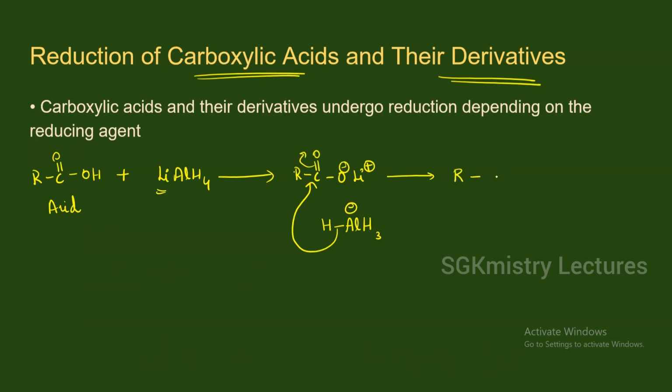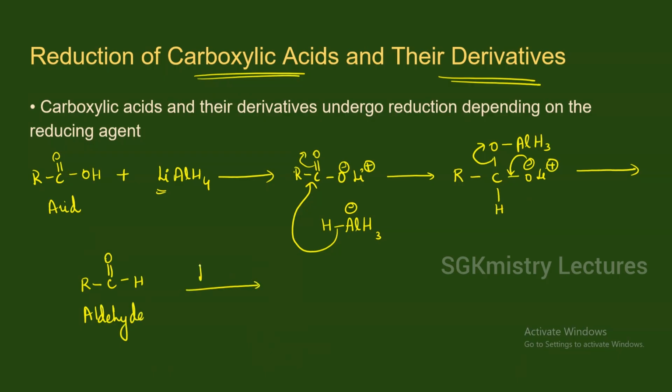So you have R, C, here O, AlH3 that is attached, and H attaching here, then O minus, Li plus. Now this O minus can come here, and this we do not require, it can be removed off. So we have R, C, here this becomes a double bond, and there is an H attached. So we have the aldehyde.